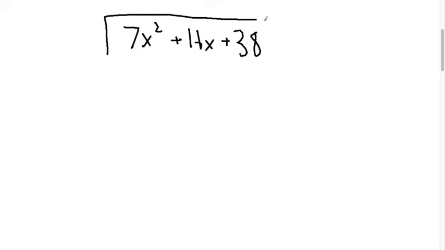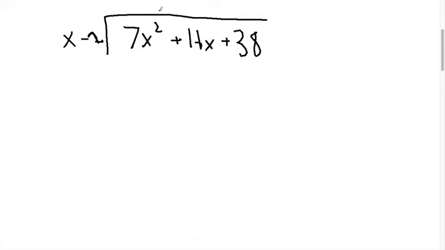Alright, so what we had was 7x squared plus 16x plus 38. And once again, we divide that all by x minus 2.